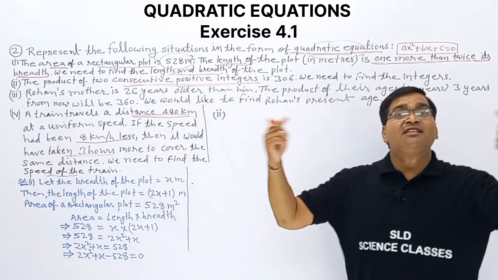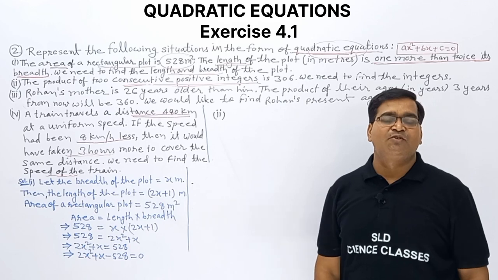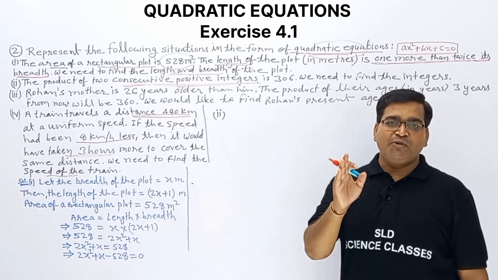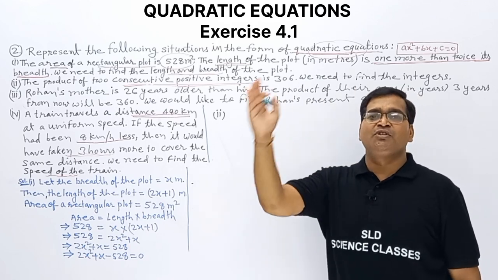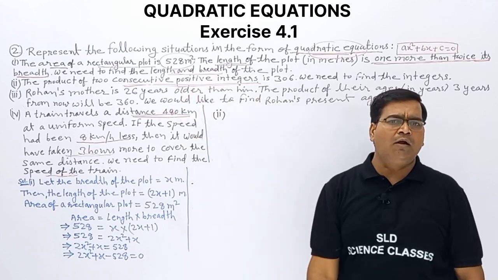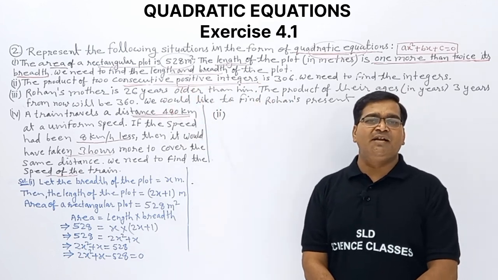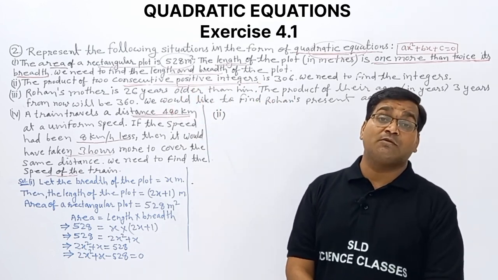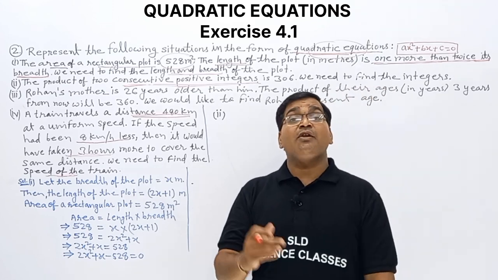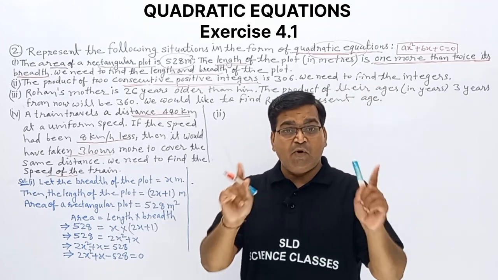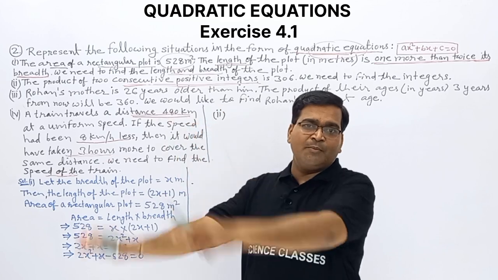और नंबर भी कैसे? Positive integers, not negative. Positive integers means 1, 2, 3, 4, 5, 6 and so on. Positive counting numbers. Counting numbers are called natural. So we want those numbers.